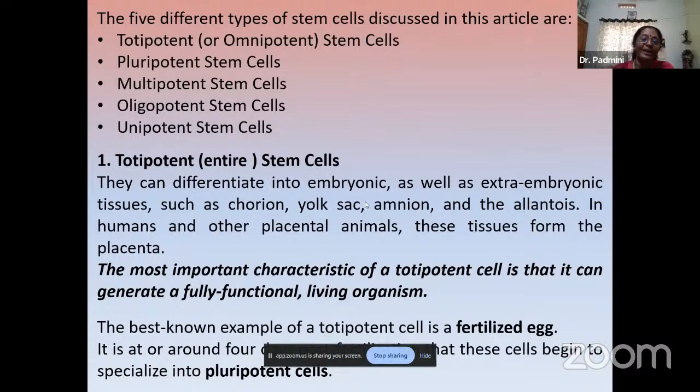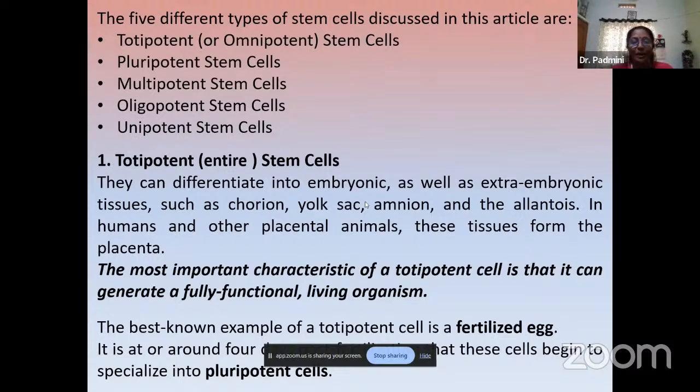And the most important characteristic of these totipotent stem cells is they're going to generate a fully functional living organism. So you should be really intrigued by how a single cell is going to form a complete living organism. When we were talking about developmental biology, we were talking about how from a single cell, a complete living organism is generated.